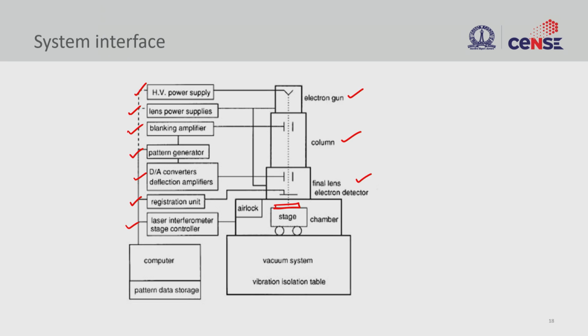So you can see here it's not just the column, right. It's a supporting system with the computer that should be high performing in order to control the beams dynamically. So this is what a system looks like for e-beam lithography.